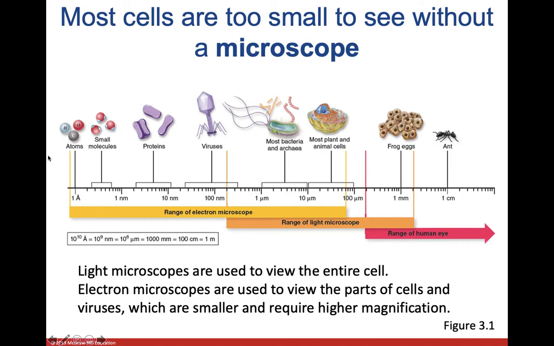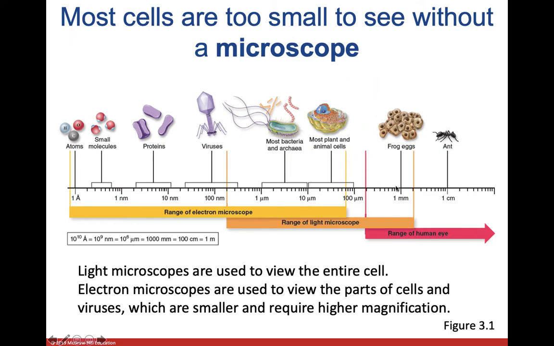Most cells are too small for you to be able to see without a microscope. If you refer back to our previous lecture series on atoms, atoms are extremely small. You can't see them. Proteins, viruses, and most bacteria are going to be too small for the human eye to see. Most plant cells and animal cells are too small for you to see.